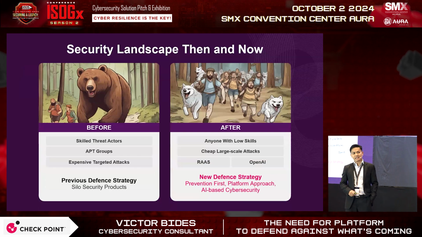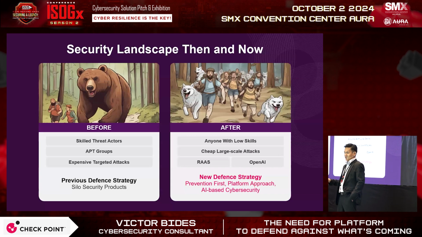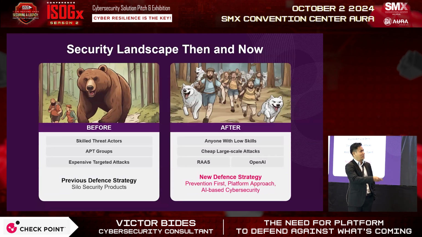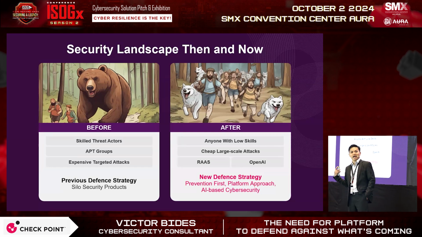Now, this has greatly changed the security landscape. Basically from 10 years back or more, skilled threat actors are using expensive targeted attacks. So the obsolete approach, the method, is still working. You just have to be faster than the bear that is behind you, right? So in this representation, you just have to be faster than the bear that is behind you.